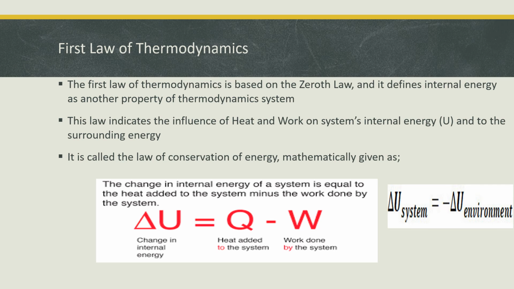It is also called the conservation of energy law, which means that energy can neither be created nor destroyed. It can only be transformed from one form to another, like heat into work or into some other form of energy. So the second form of the first law of thermodynamics is that whenever a system gains energy, there is a loss of energy from the environment.